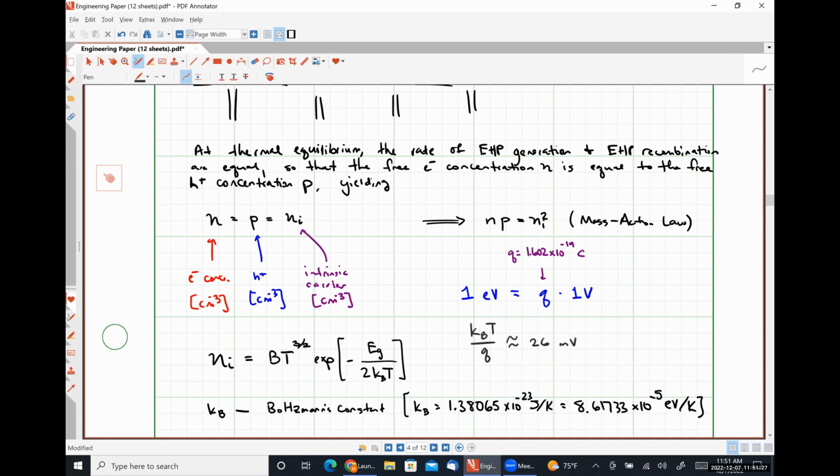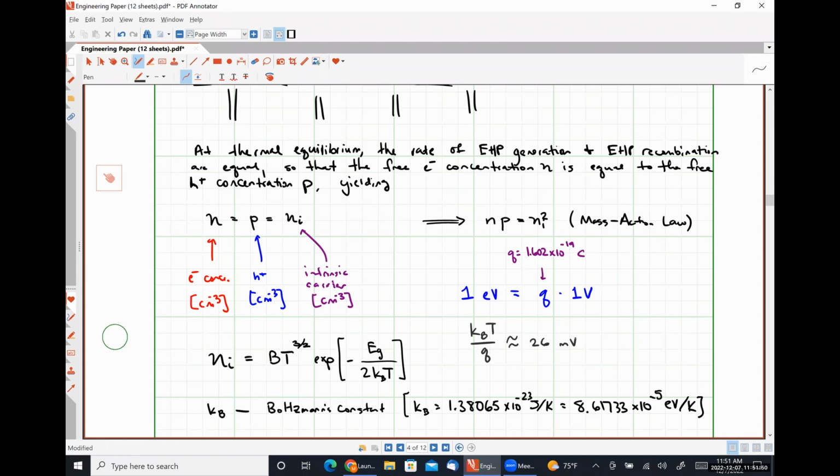This is what we're going to call our thermal voltage later on. I see a lot of students try to calculate this and they get some weird number, and it's because they don't understand what the unit of electron volts means. If we have electron volts divided by the charge of an electron, that's just giving us a volt.